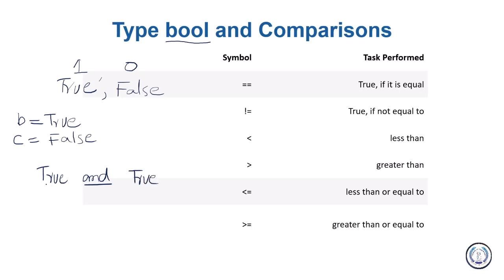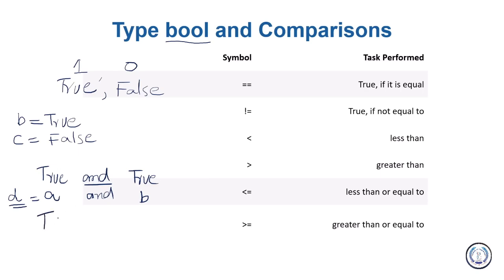If there is a Boolean variable a with data True, and a Boolean variable b with data True, then a and b is also True. Let's say I store this a and b in a variable d. The d will also be True. So True and True is always True.